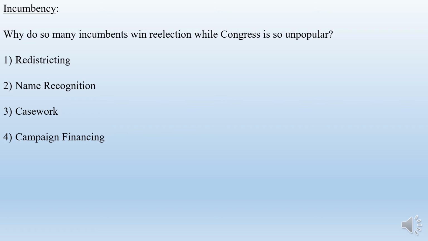The other thing about incumbency is name recognition. You may not like the candidate that's running, but you know their name. You may not know the challenger's name. There are some exceptions. In the case of Arizona, there is an appointed senator. Her name's Martha McSally. She actually ran in 2018. She lost the election, and the next day there was a Senate seat opened up because of the death of John McCain, and she was appointed to that Senate seat.